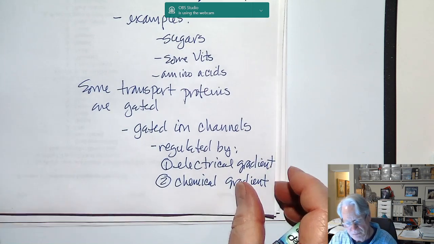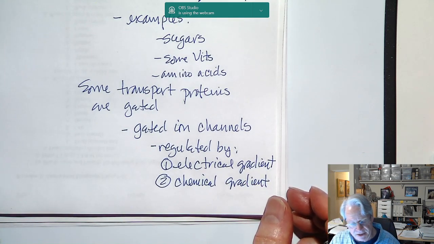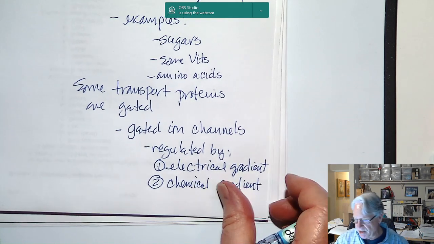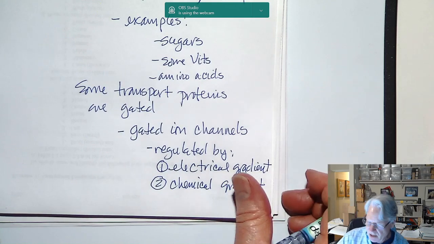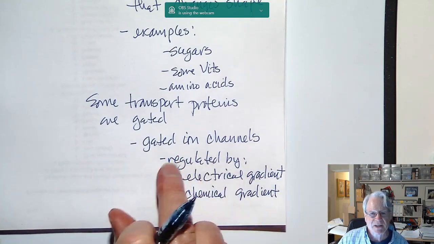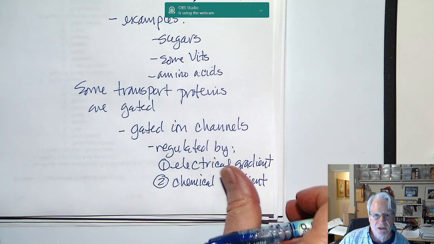Okay, so let's look into that a little bit and show you what that's all about. First of all, I'm going to use a picture from the textbook just to show you what we mean by gated, and then I'll explain this regulated part of our notes.